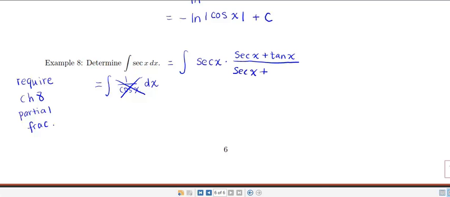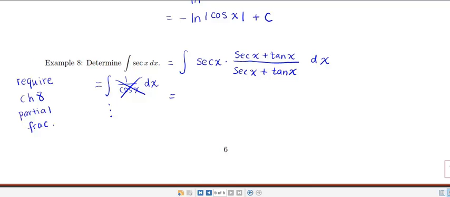And you might wonder, how do we get this expression? Well, if you do know the partial fraction technique, you can derive the antiderivative using just the definition of secant of x, and you will realize the answer involves secant of x plus tangent of x. So that's how we get this expression.